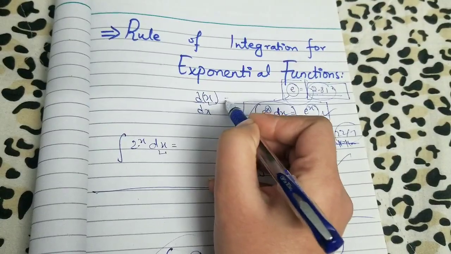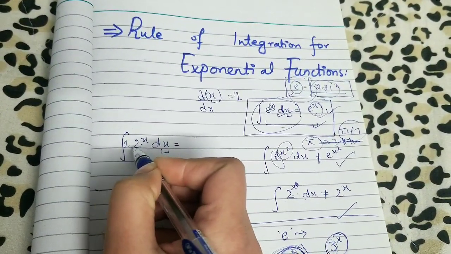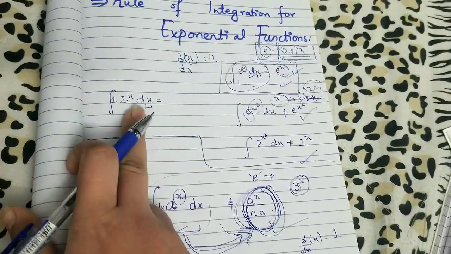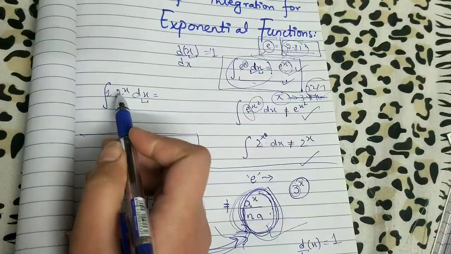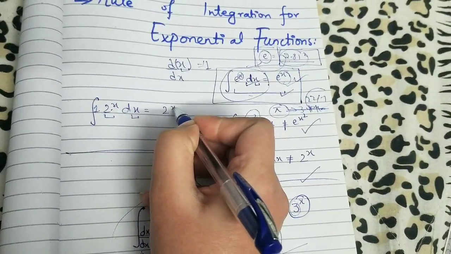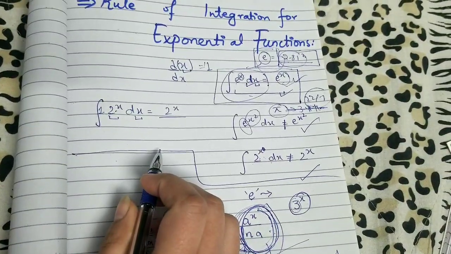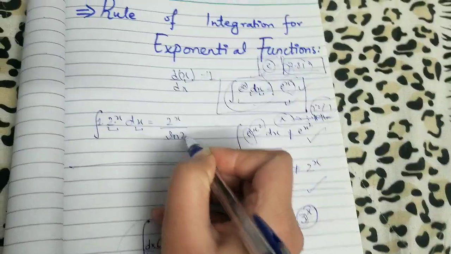So dx by dx is 1, and 1 is always there, so we can use that rule here because the derivative of the power appears beside the exponential function, the main function. So we can write it as the exponential function itself divided by the natural log of the base, which is 2 here.